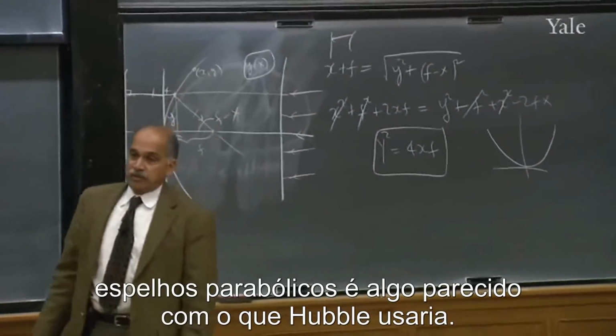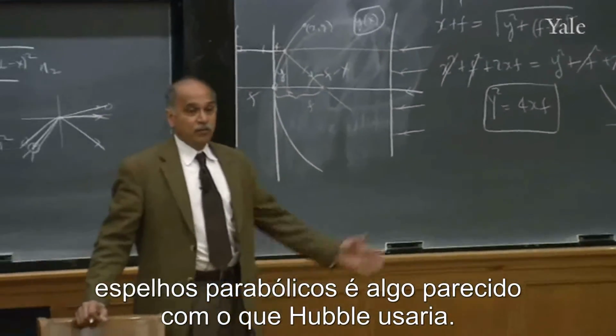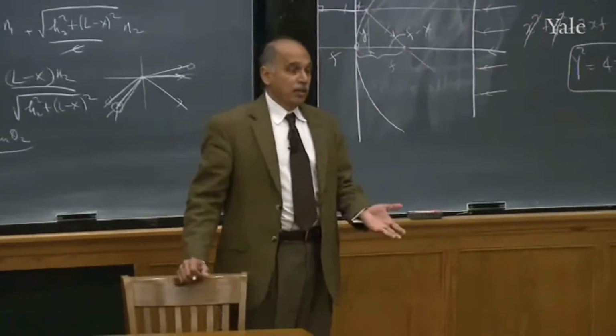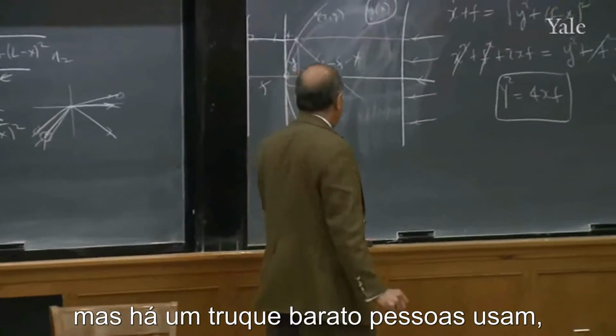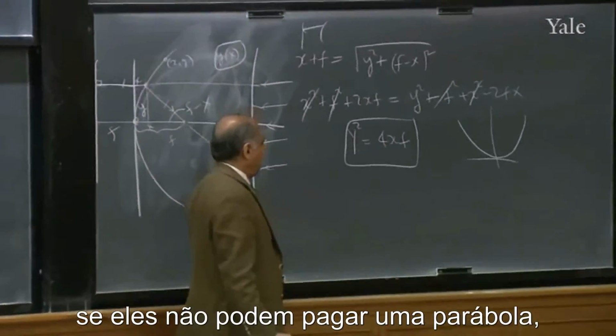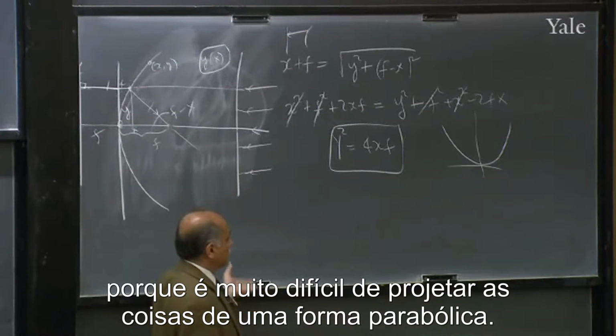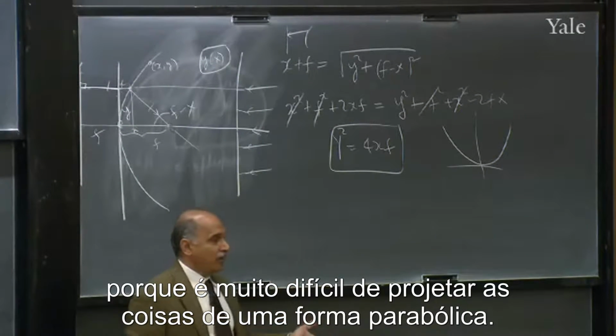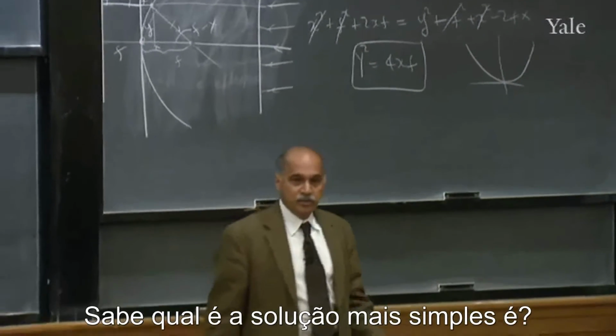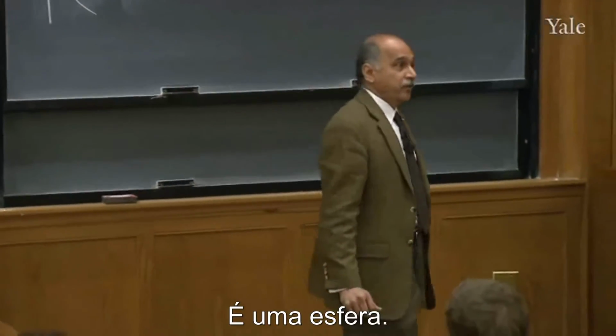So parabolic mirrors is what something like the Hubble would use. Anybody would use parabolic mirrors. But that is a cheap trick people use if they cannot afford a parabola, because it's very hard to design things in a parabolic shape. Do you know what the simplest solution is? It's a sphere.